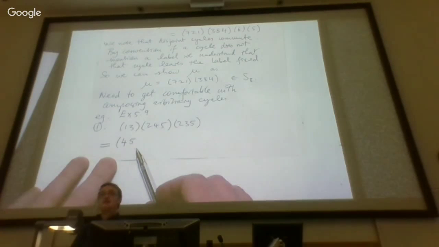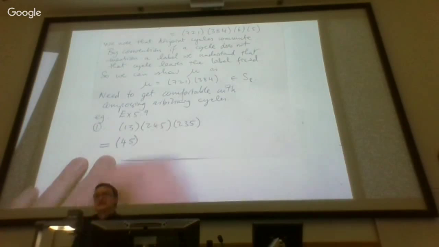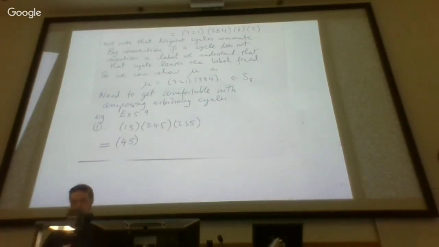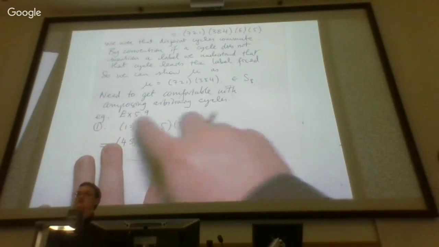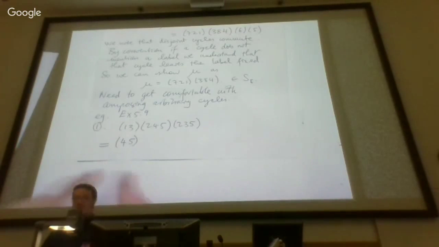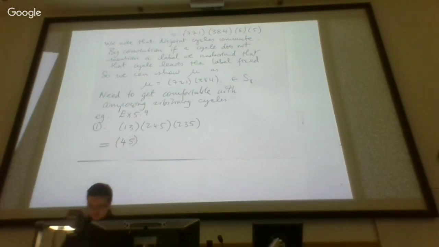So what do I put down here? Do I put down 2? What do I do instead? Just close the bracket, because this is the end of this disjoint cycle. This product sends 4 to 5 and 5 to 4. So we've discovered that within whatever this permutation is, there's this little 2-cycle: 4 gets sent to 5 and 5 gets sent to 4.